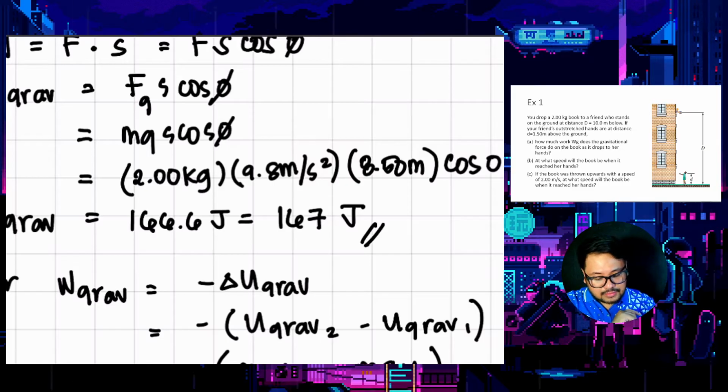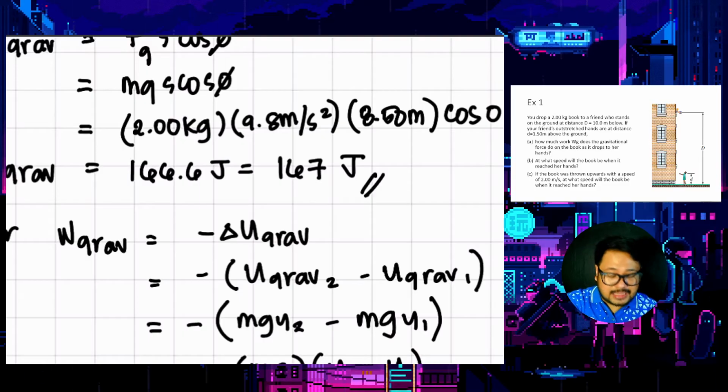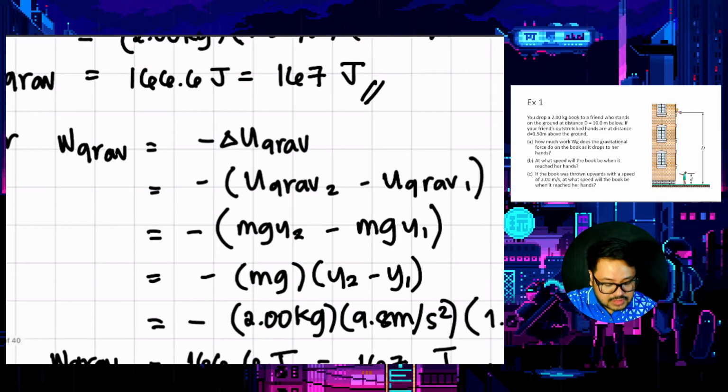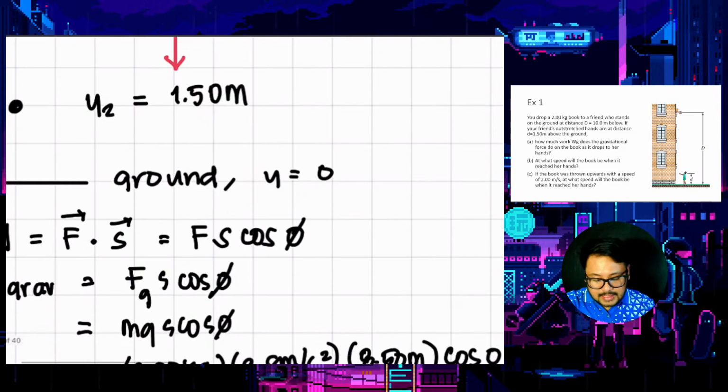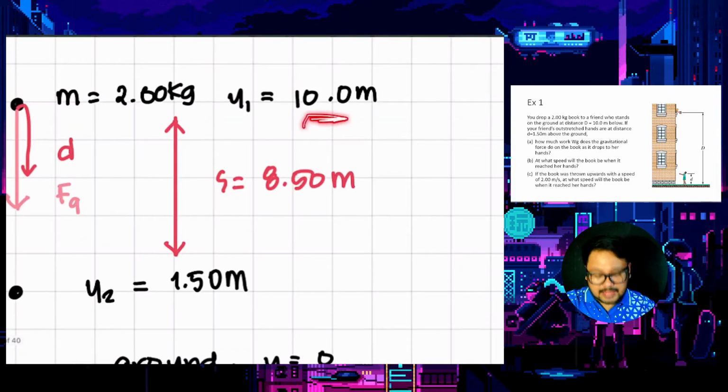Hence, we have negative U grav 2 minus U grav 1, or that is mgy2 minus mgy1. Since we have common mass and gravity, we have mg times y2 minus y1, where y2 is 1.50 and y1 is still 10 meters.